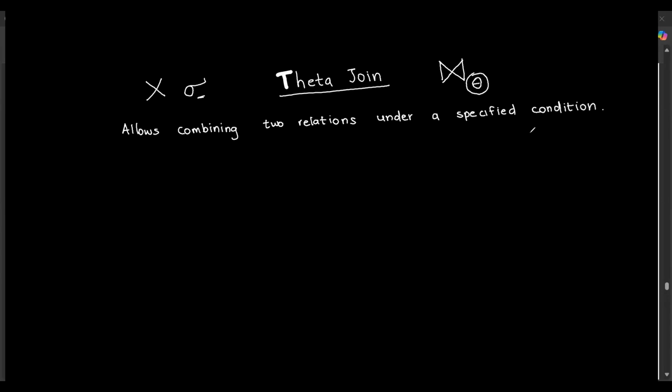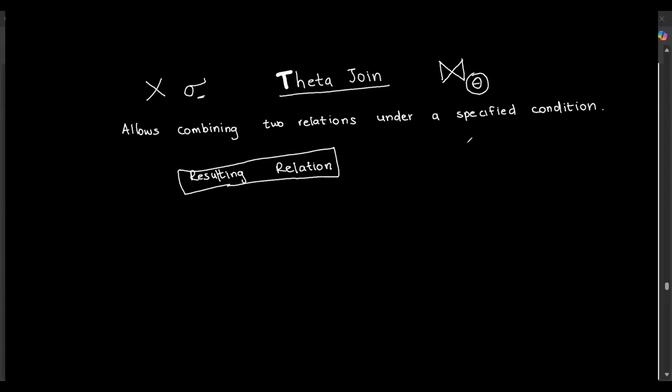The resulting relation of theta join is actually the cross product, but due to the usage of a specified condition, it produces a subset of this resulting relation.